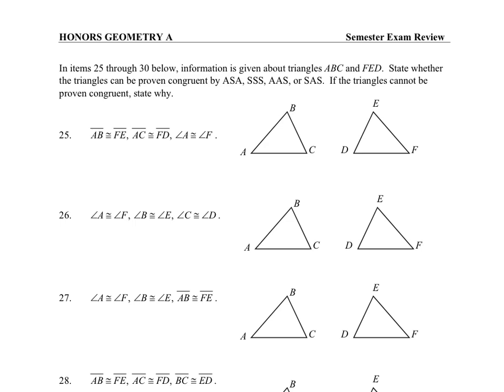So in question 25, we're told that AB is congruent to FE, AC is congruent to FD, and angle A is congruent to angle F. From this, we can see that they're going to be congruent by SAS, since we're given a side, angle, and a side for each of these.